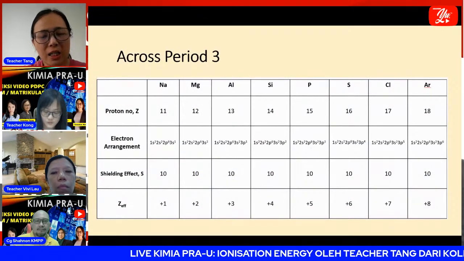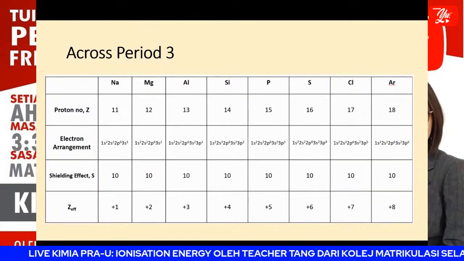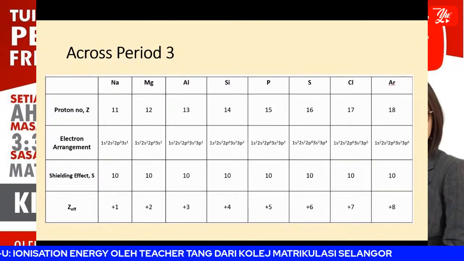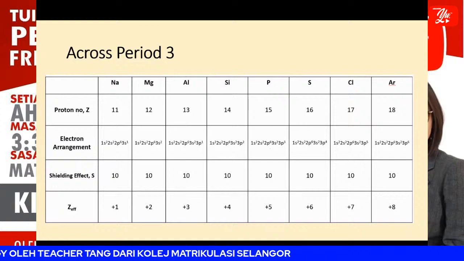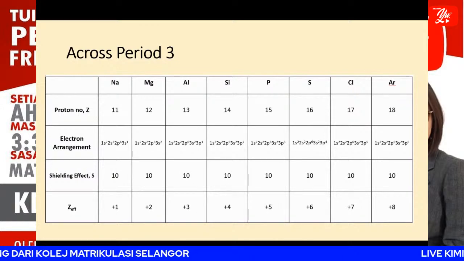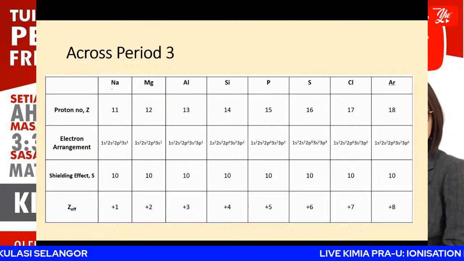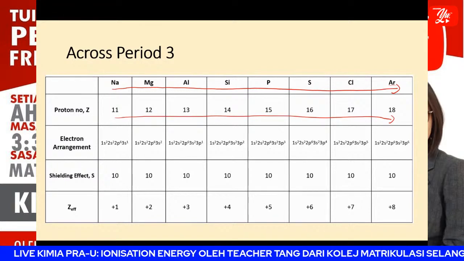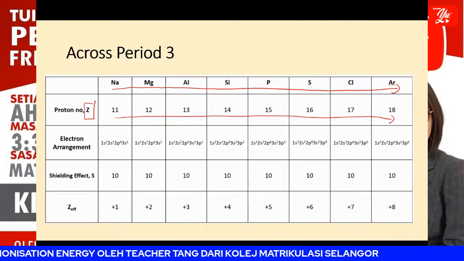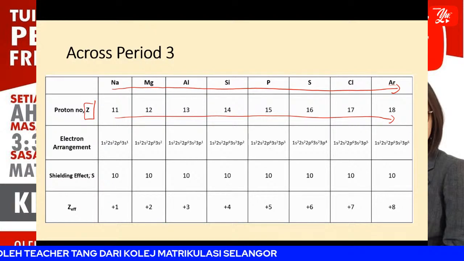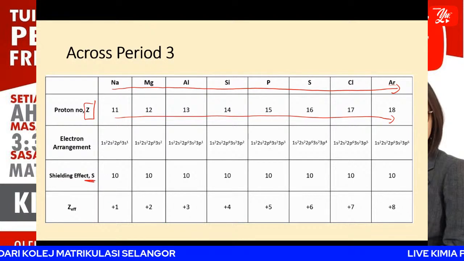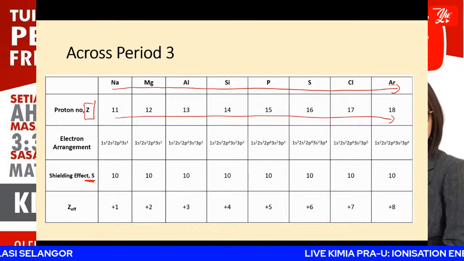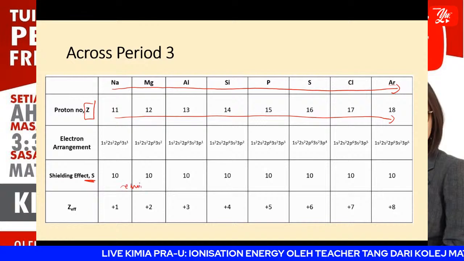Okay, so we shall look at across a period first. Which factor is the dominating factor across a period? I use period 3 as an example. Across period 3, from sodium to argon, the proton number increases. The proton number here represents nuclear charge. But for the shielding effect, we look at the inner shell electrons, which remain the same.